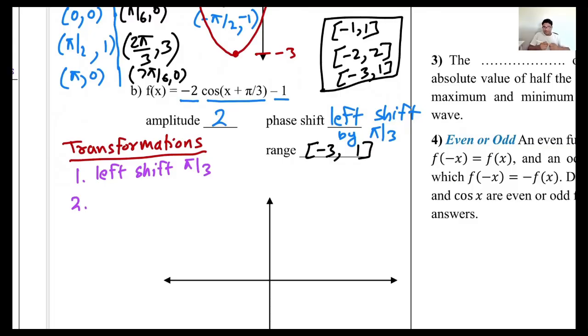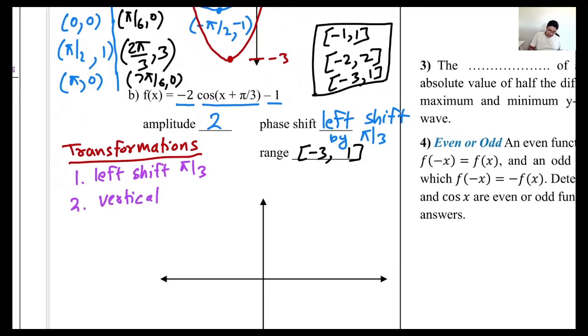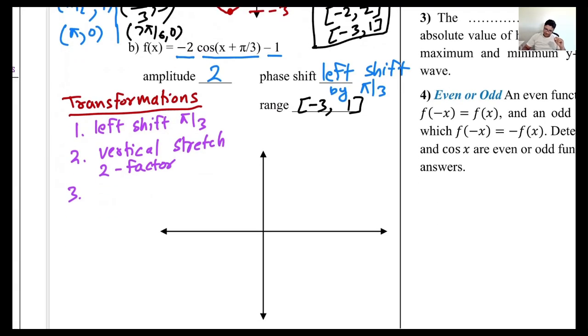And then I stretched it vertically. Vertical stretch, factor of 2. And then the minus sign is reflection on x-axis. Think about it, okay? If you are at, let's say, -2, like y coordinate, if you take the negative of the function, the value will become positive 2, right?